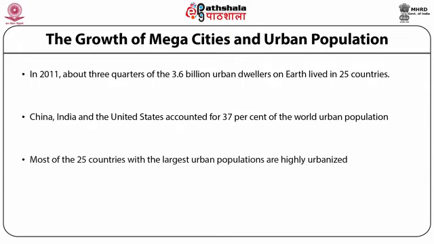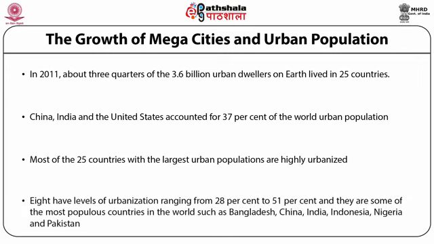Most of the 25 countries with the largest urban populations are highly urbanized, but 8 have levels of urbanization ranging from 28% to 51%, and they include some of the most populous countries in the world. These are Bangladesh, China, India, Indonesia, Nigeria, and Pakistan.